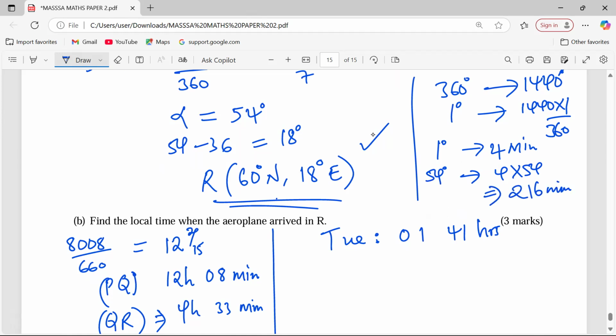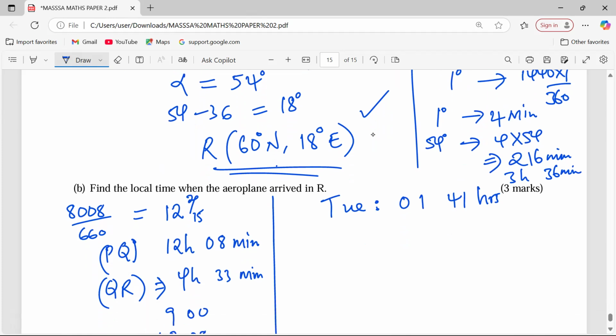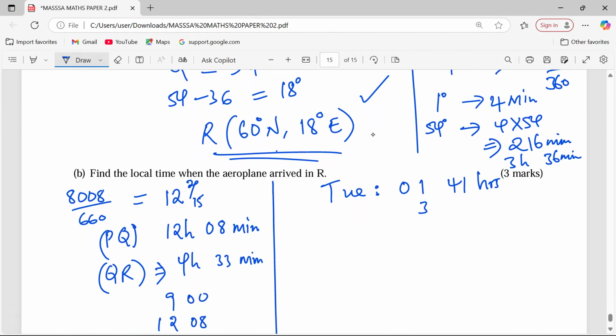So R is ahead by 216 minutes. How many hours are here? We have 3 hours and 36 minutes. So R is ahead in time by 3 hours, 36 minutes.